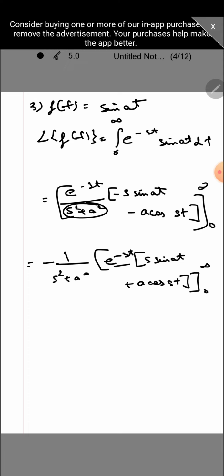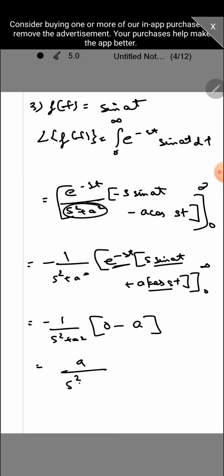Putting t equals infinity, this becomes e to the power minus infinity, so this becomes 0, and when you put 0 in place of t, this becomes 1, this becomes 0, this becomes 1, so this is a, so this is actually a over s square plus a square. Clear?